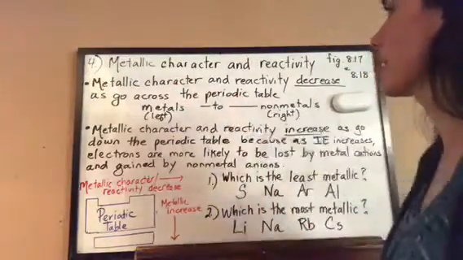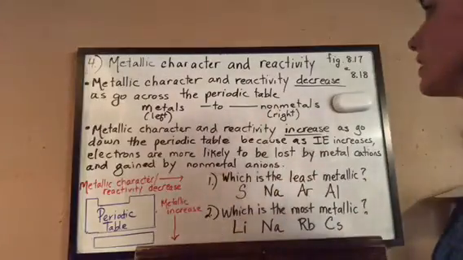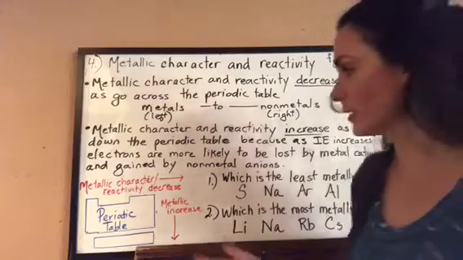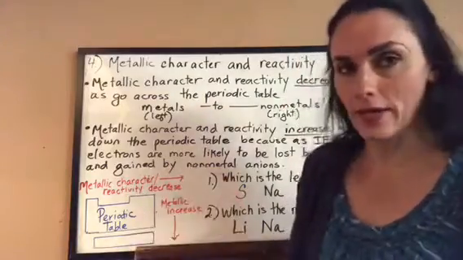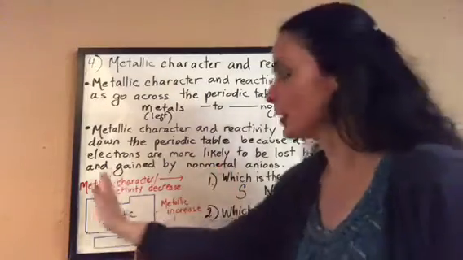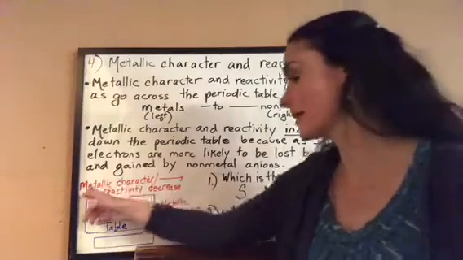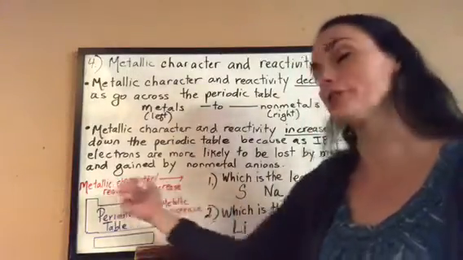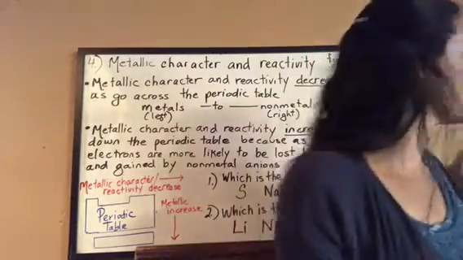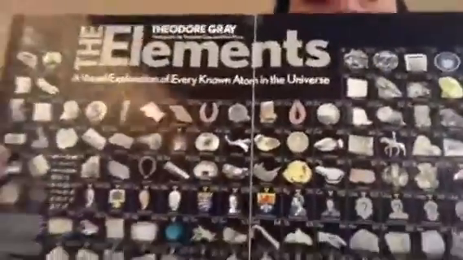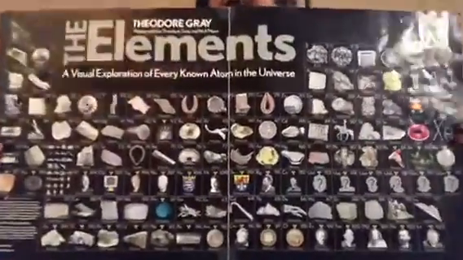Metallic character and the reactivity of the metals decreases as we go across the periodic table. Now we know at this point, between prior chemistry and this course, here are the metals and here are the nonmetals. So yes, metallic character and reactivity decreases as you go across because your elements go from being metals to nonmetals.